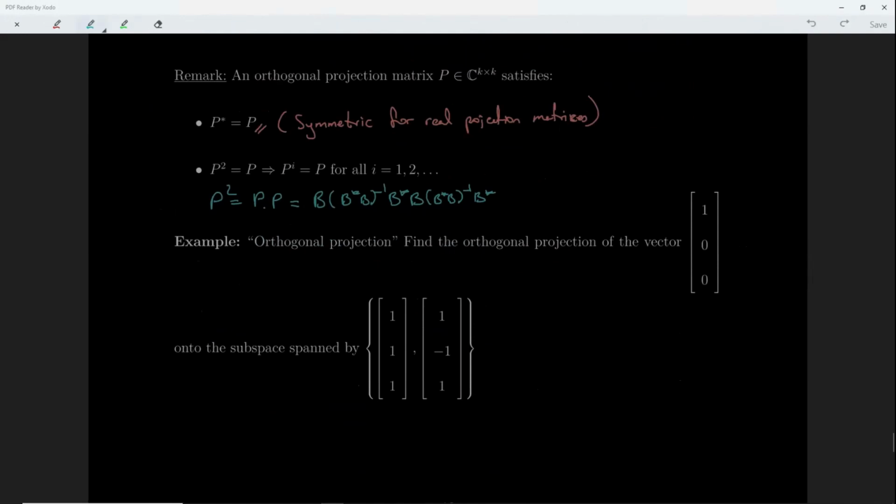Notice that the multiplication of these two middle terms will be equal to identity, and that will be equal to P itself, B times B conjugate transpose B inverse B conjugate transpose, which is equal to P.